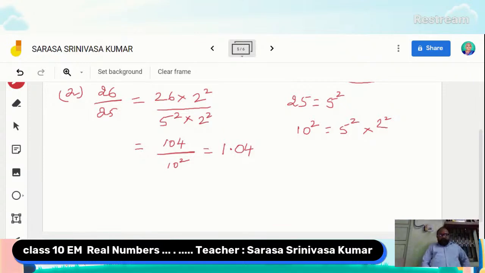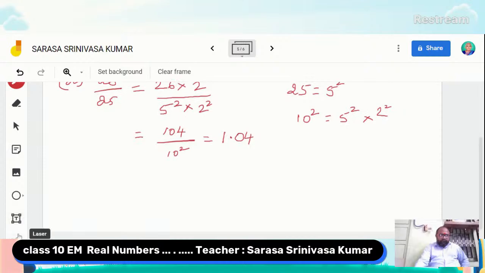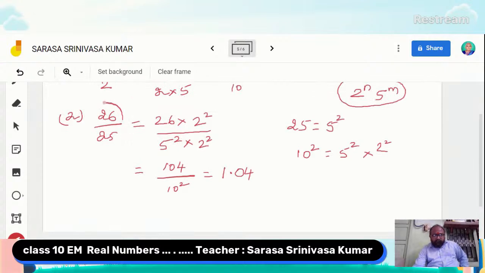That is, again, I would like to explain this. 26 by 25. 25 should be multiplied by 4 to get 100, which can be expressed in the form of 10 square.